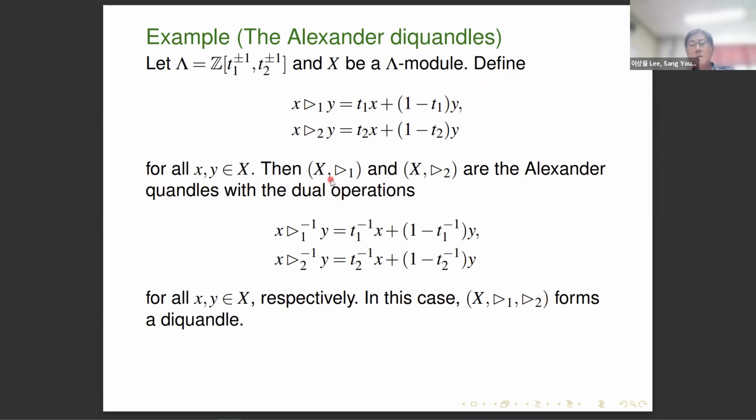Then it is easy to check these two are Alexander. It is well known that these two are Alexander quandles with dual operation like this. So in this case, (X, δ1, δ2) forms a diquandle, which is called Alexander diquandle.